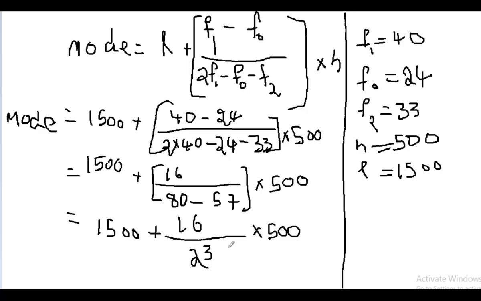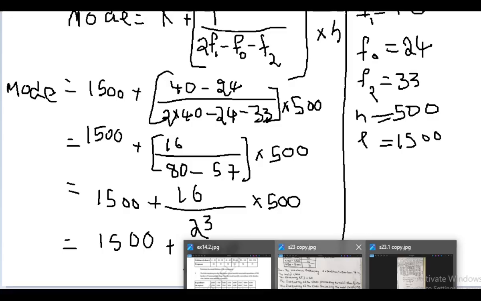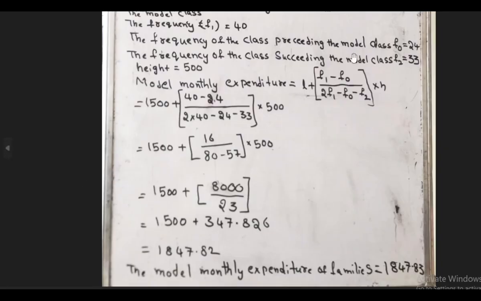Go for cancellation. So 1,500 plus 8,000 by 23.